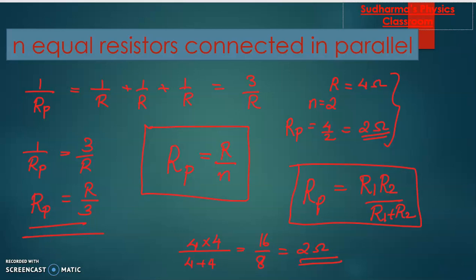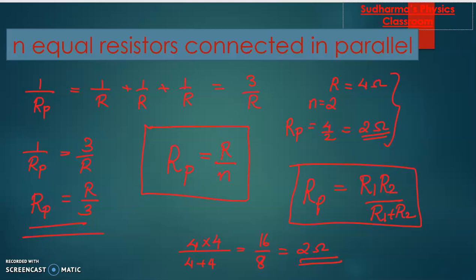Okay. So the equation for series combination, the total resistance is R1 plus R2 plus R3. If n equal resistors are connected in series, n times R. Parallel resistor formula is 1 by Rp is equal to 1 by R1 plus 1 by R2 plus 1 by R3. And if n equal resistors are connected in parallel, then the parallel combination total resistance is going to be R by n.